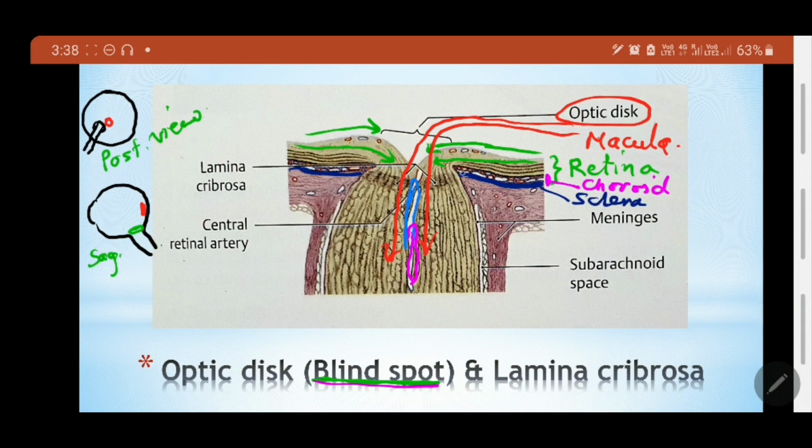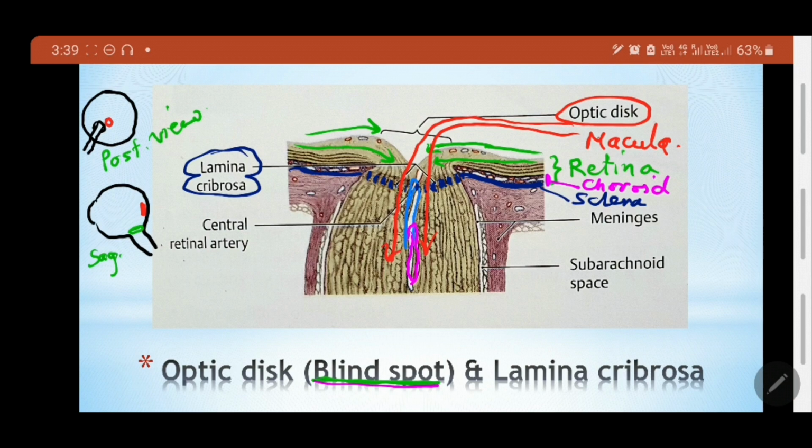So the sclera at the area of the optic disc has minute holes, and because of that it's called cribrosa. It has perforations for the nerves to pass out, and that's called the lamina cribrosa. So the lamina cribrosa makes this point structurally a little weak.